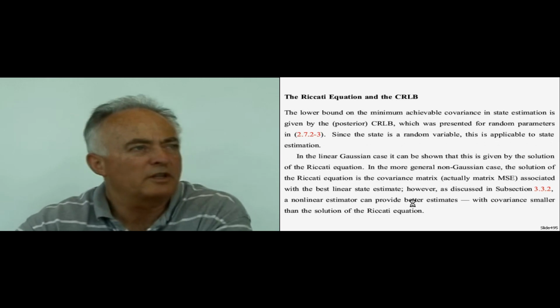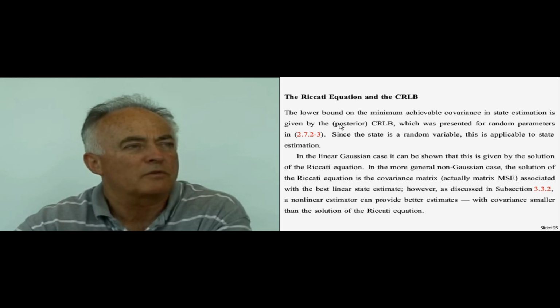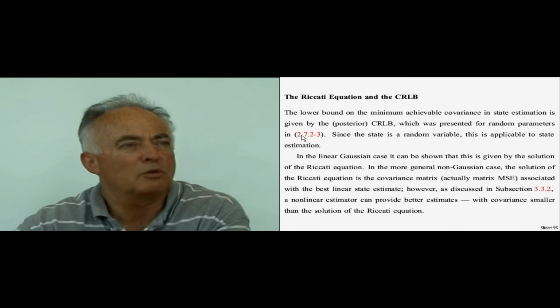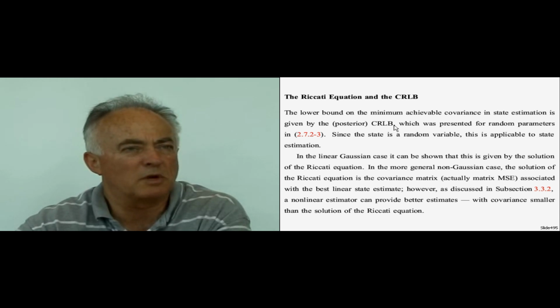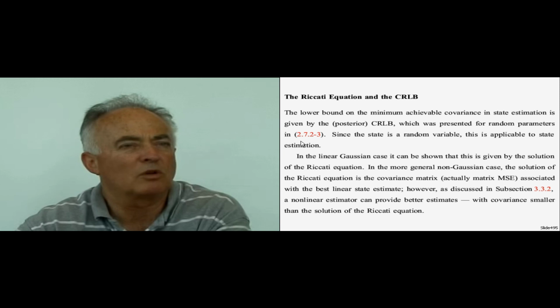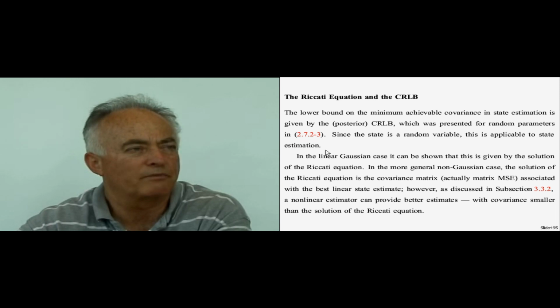One more final comment on the Riccati equation and the Cramér-Rao lower bound. We have seen the lower bound on the minimum achievable covariance in state estimation will be given by the posterior Cramér-Rao lower bound, which was presented for random parameters. So this is applicable for state estimation.